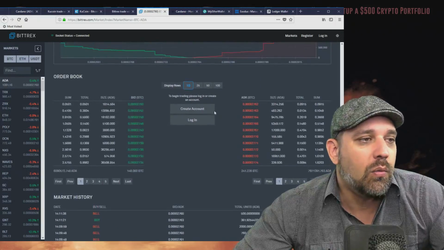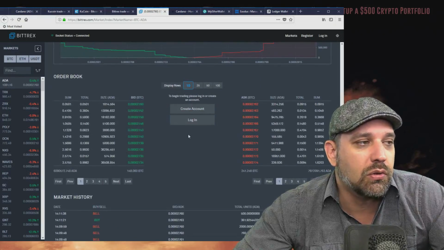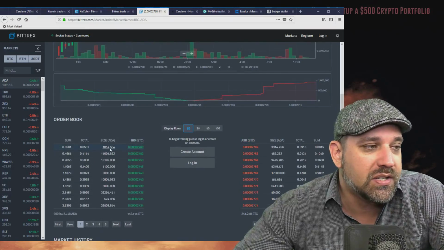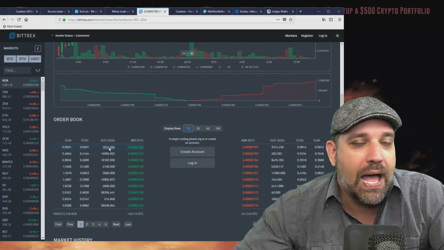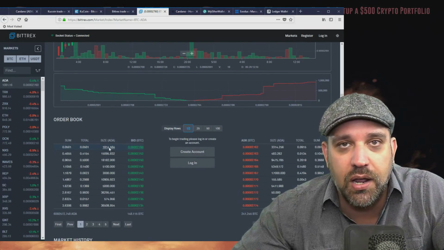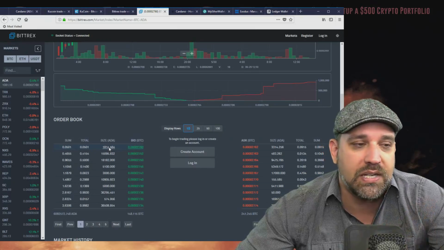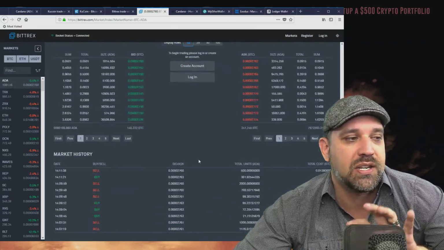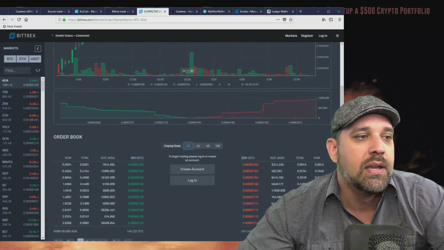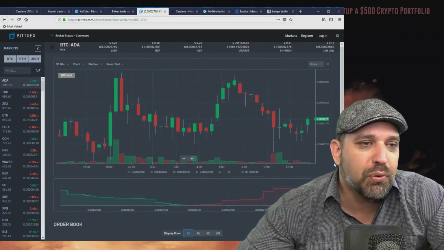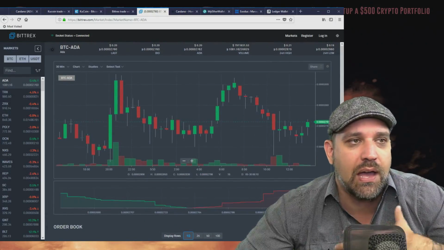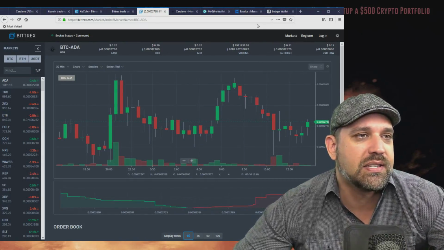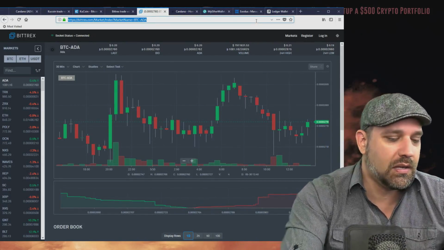When you create your account and log in, you'll be able to just click on one of these orders and buy as much Cardano as you want, given how much Bitcoin you have available on the exchange. And you can make changes on the buy and sell orders, okay? It's pretty easy to do, and I don't think there's necessarily a need to set up an account here. But let's take a look.